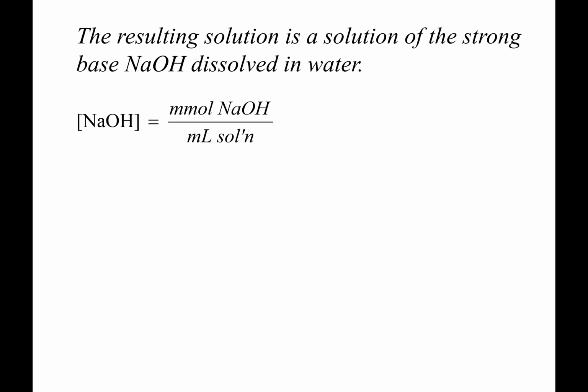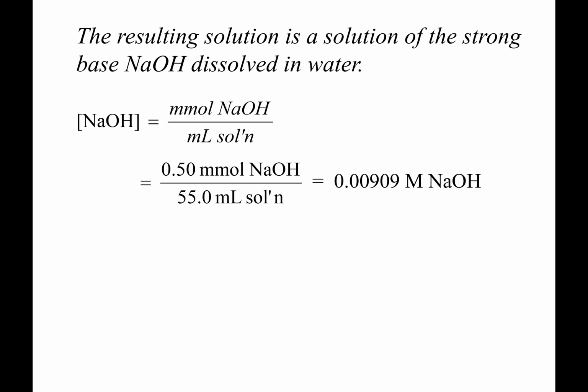And all I have to do is divide that number by my total volume, which would be 25 plus 30 or 55. Cool. Round to 2 sig figs. You're looking at a molar concentration of 0.00909 NaOH.